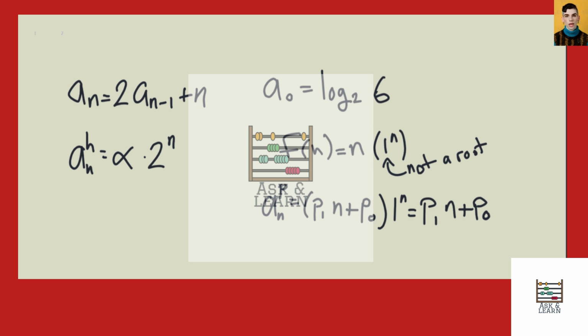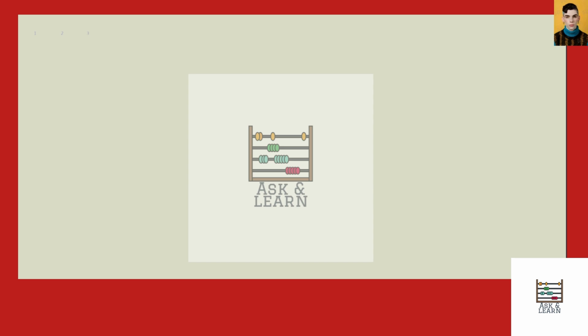And then now we need to solve for this and make sure it satisfies our recurrence relation here. And so we will rewrite it. So we have a_n equals 2 times a_(n-1) plus n. We'll put in our particular solution, p1 times n plus p naught, and for a_n, we'll put it in for a_(n-1) as well.